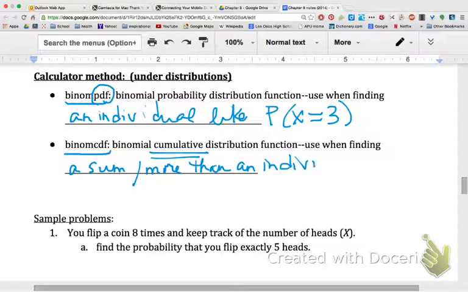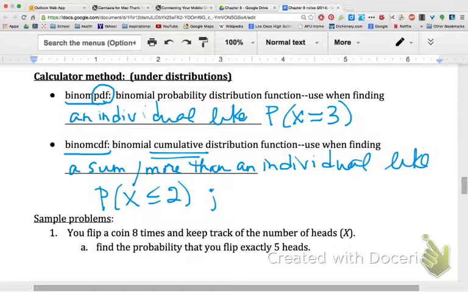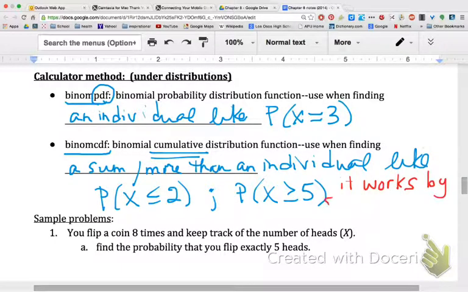And so it's going to look like something like this. It could say probability that x is less than or equal to 2. It could say probability that x is greater than or equal to 5. And the way that it works in the calculator is that it adds up from the beginning to whatever number you're searching for.